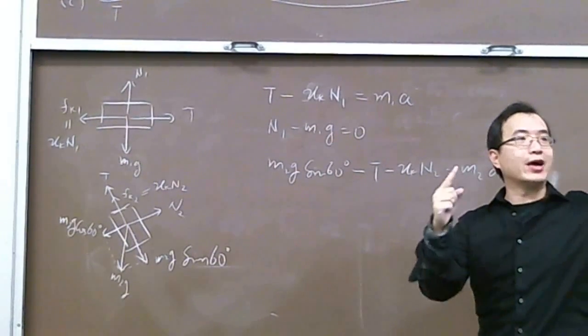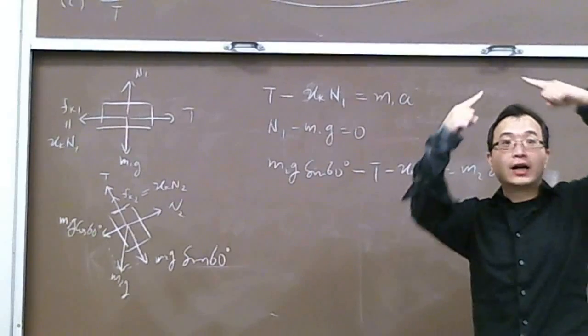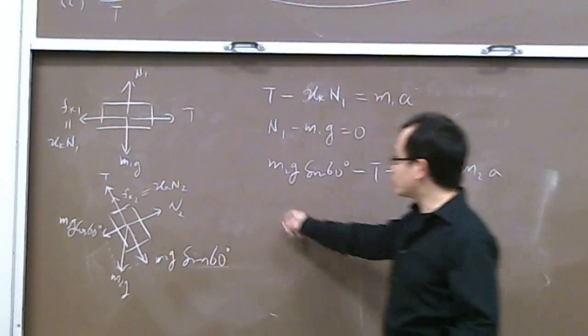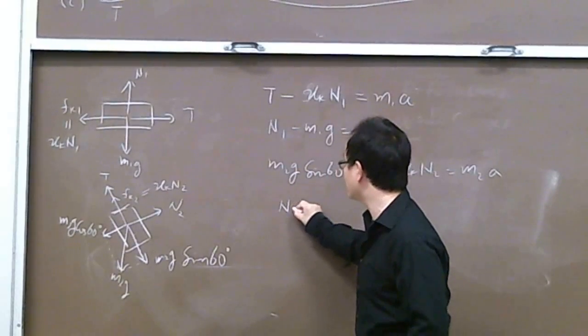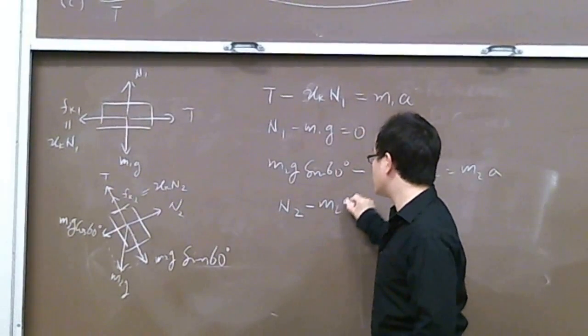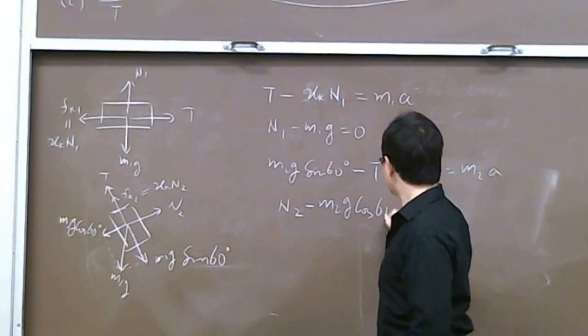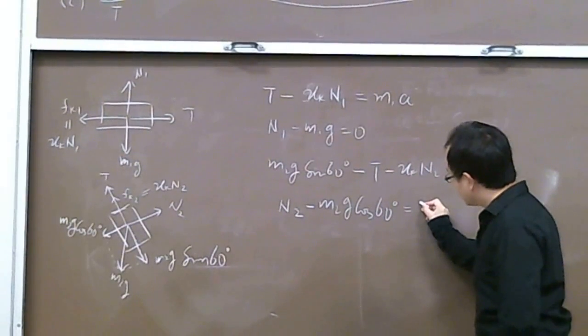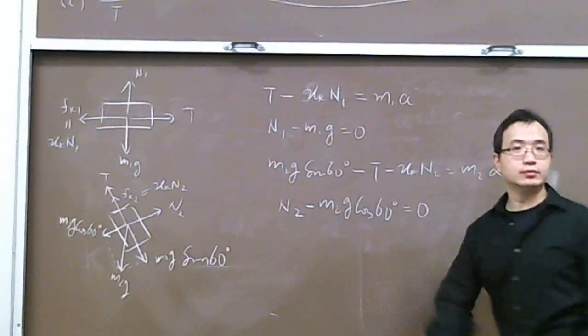You need to match the direction of motion. You cannot make them move this way. That's the third equation. And the last equation is N2 minus M2G cosine 60 degrees equals 0.